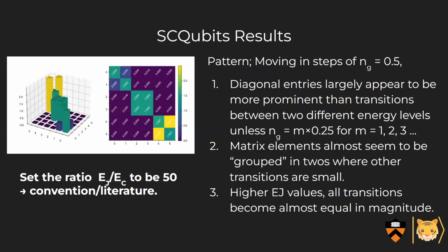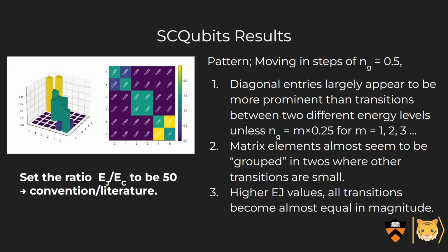The diagonal entries largely appear more prominent than transitions between the two different energy levels, unless NG is a factor of 0.25. The matrix elements almost seem to be grouped in twos, where the other transitions are small, and as we go higher in Josephson energy values, all transitions become almost equal in magnitude, or in this case, probability.